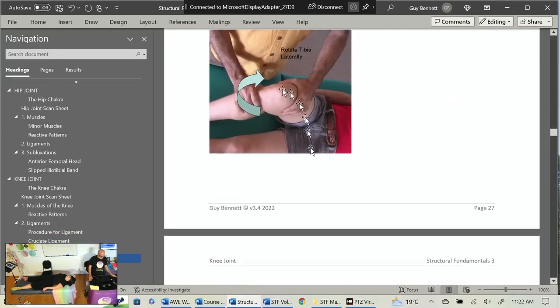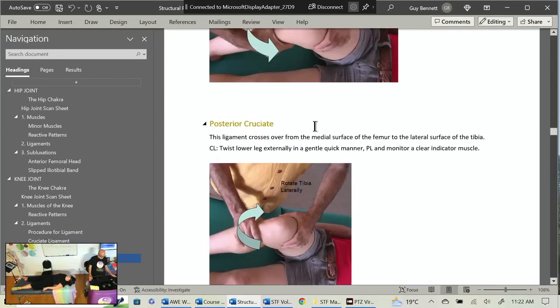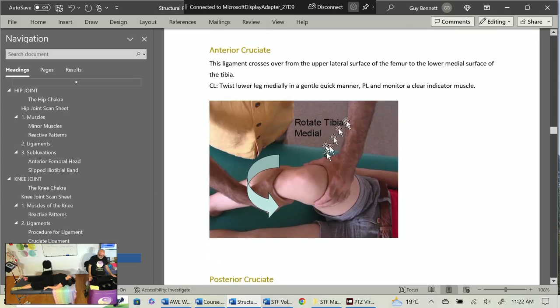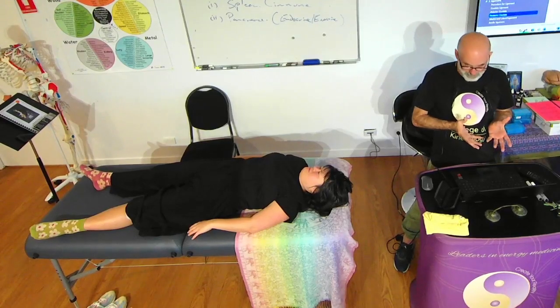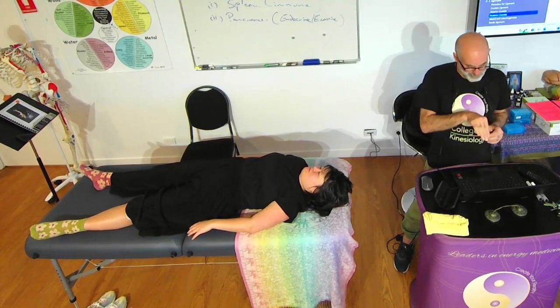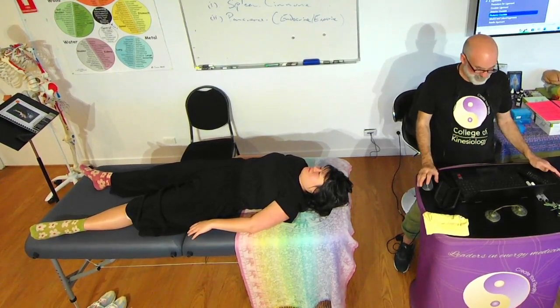To do the posterior cruciate, you turn it laterally. So you rotate the shin bone, the tibia, laterally. From looking at that image, it appears to be the anterior cruciate that's damaged, which is possibly the most crucial, for want of a better word, ligament in the knee joint in terms of stability. When that one goes, it seems to have the biggest impact on knee stability.